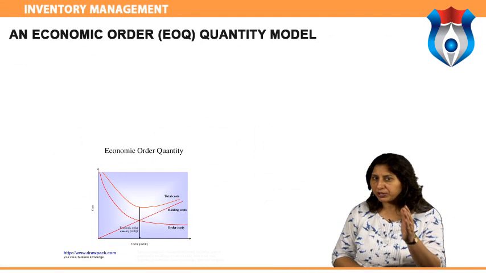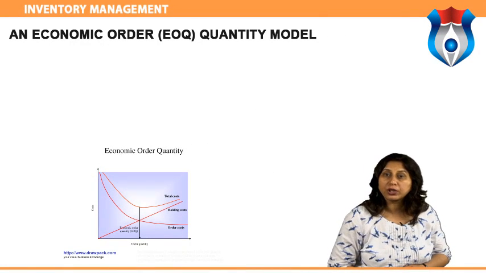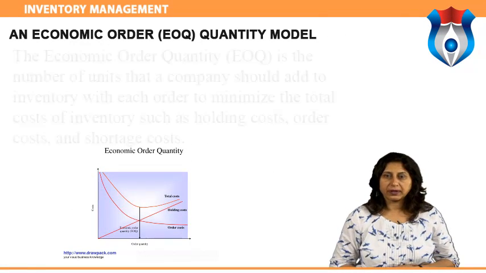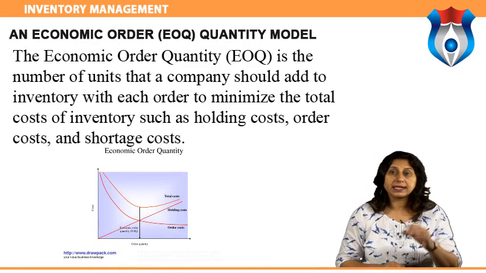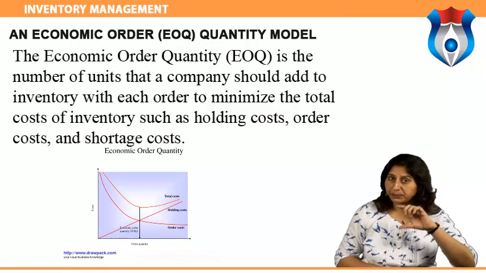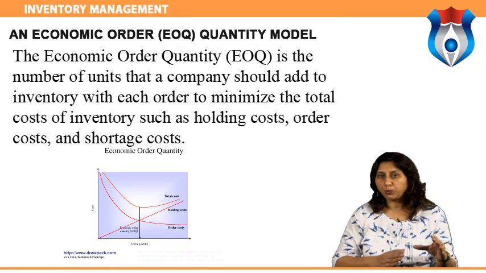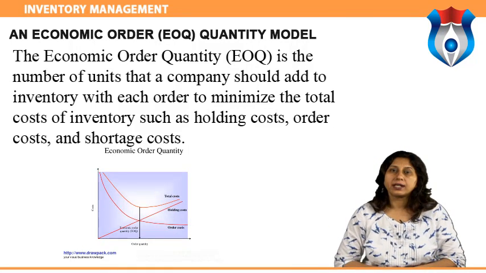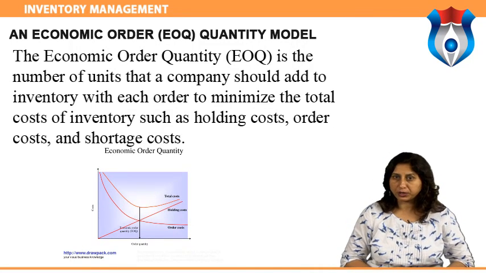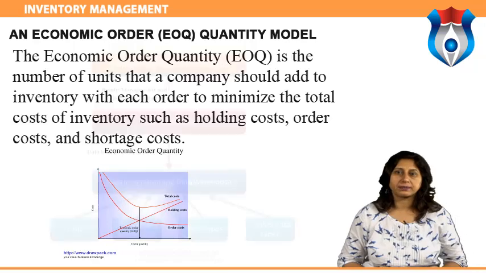Let's discuss the economic order quantity, or EOQ, model. The economic order quantity EOQ is the number of units that a company should add to inventory with each order to minimize the total cost of inventory, such as holding costs, order costs, and shortage costs.